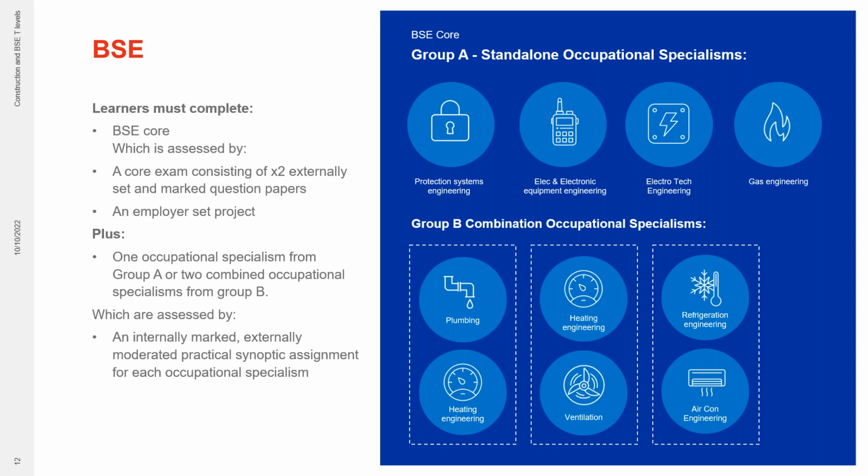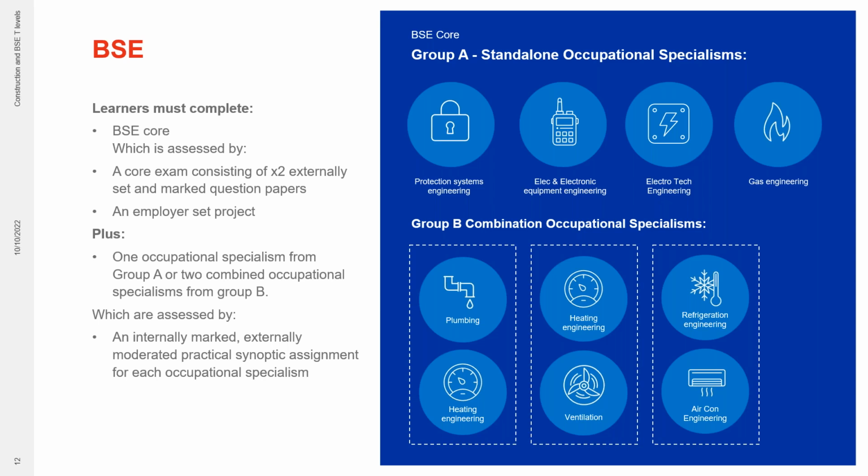They need to deliver specialisms which are linked to each other. So they decided then to pair these specialisms up. So if you choose an option from group B, you have to choose one of the 3 combined occupational specialisms: plumbing and heating, heating and ventilation, or refrigeration and air conditioning.